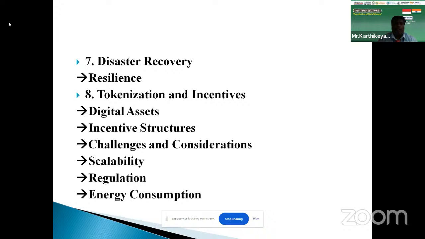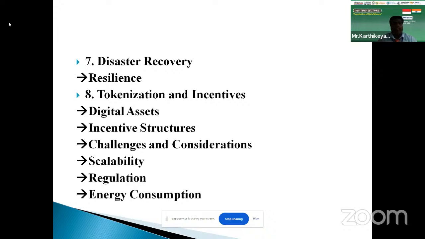And next, tokenization and incentives. This tokenization and incentives has the following: digital assets, incentive structures, and challenges and considerations: scalability, regulation, energy consumption.